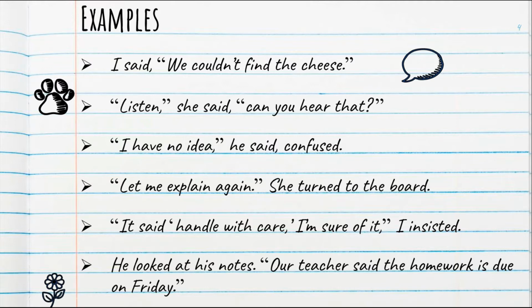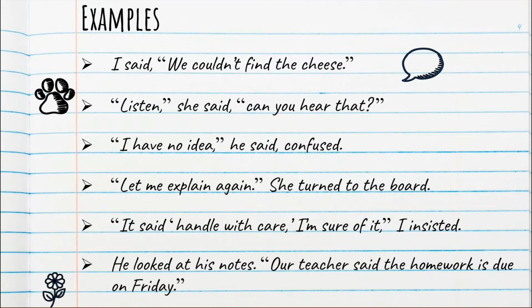And again, we don't need the speaking verb because it's implied that the person speaking is the "he" looking at his notes. Okay, so speaking verbs are not always necessary unless you specifically need to point out who is speaking. If you have other actions that do that for you, then you can kind of skip over the speaking verb, right? In which case, you use periods to separate the action verb from the spoken word.